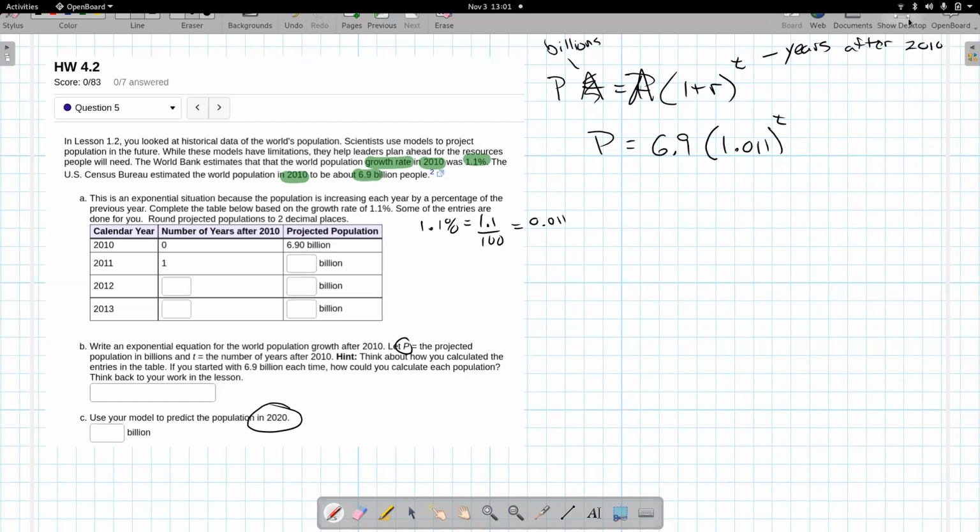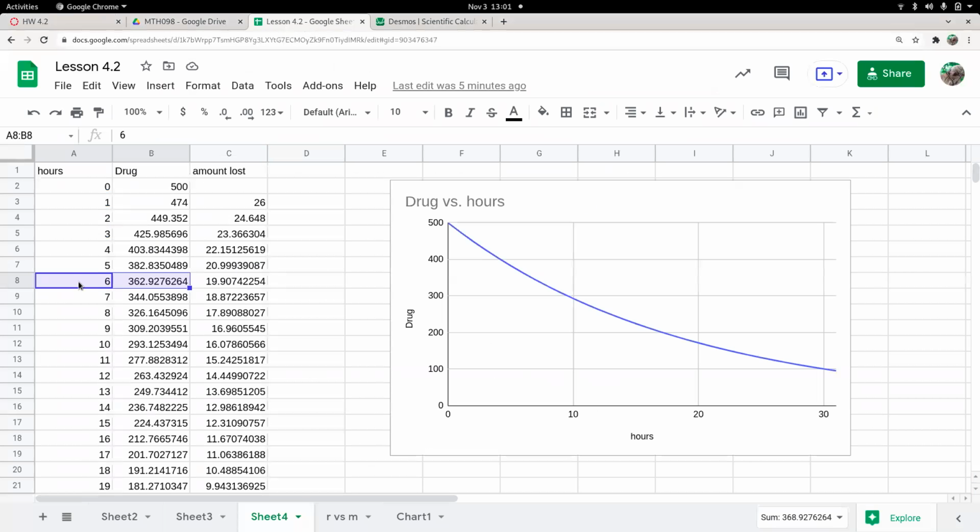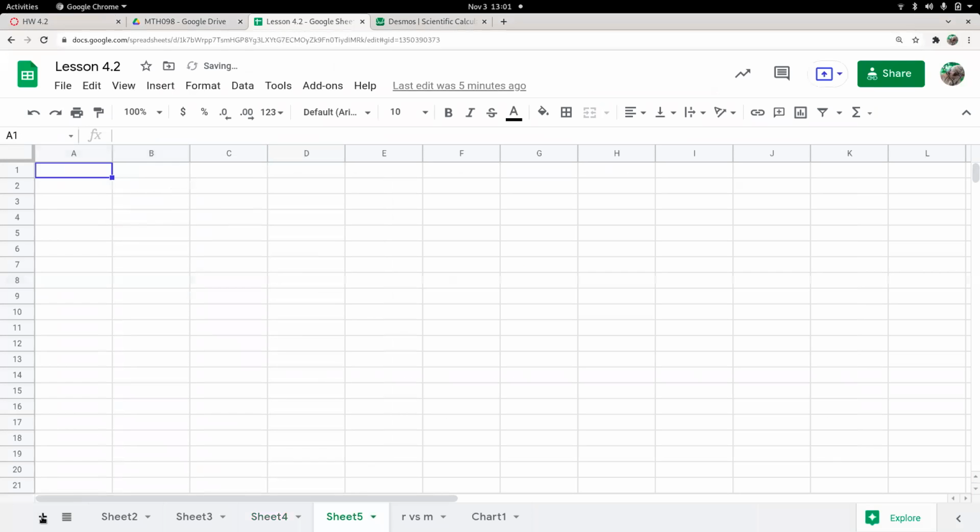So spreadsheet time. New sheet. So on their spreadsheet, they were keeping track of the year, T, years after 2010, and the population in billions.